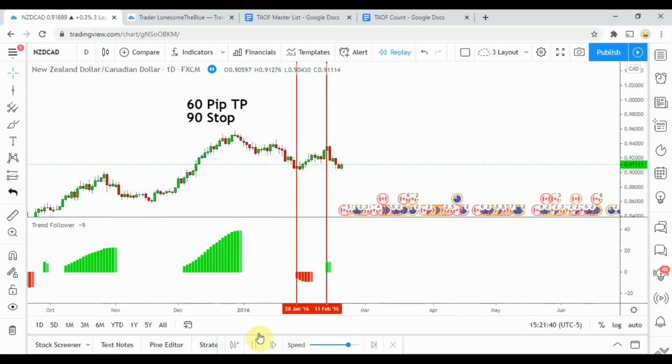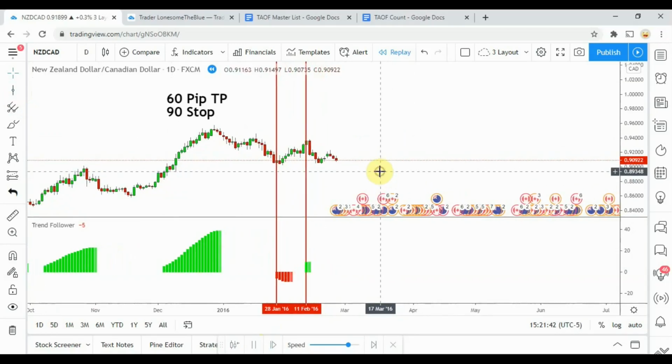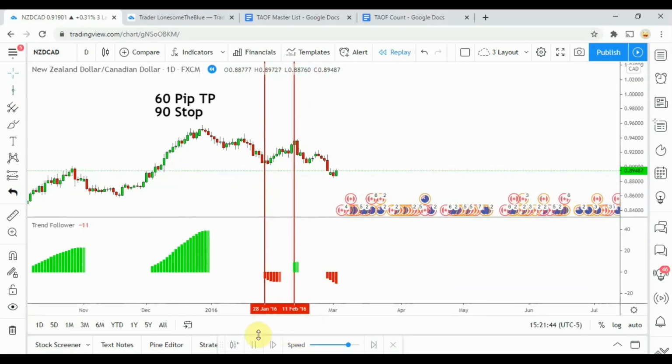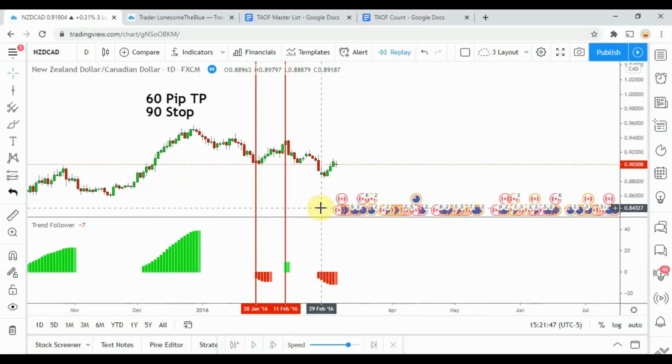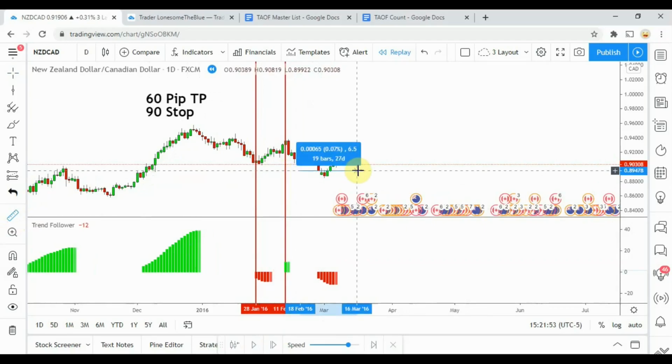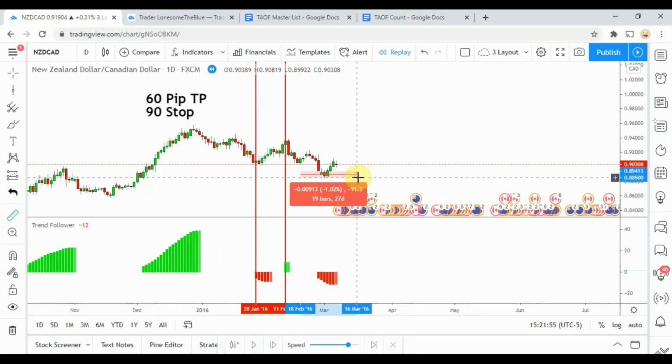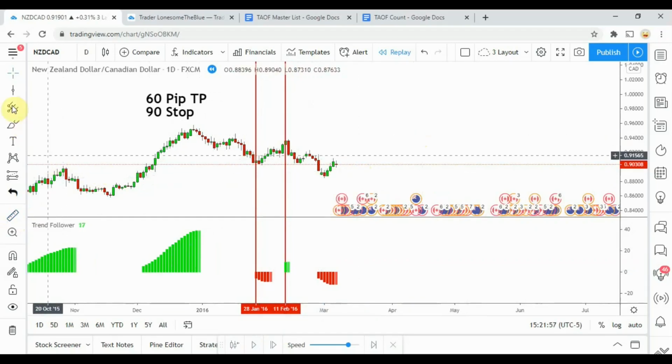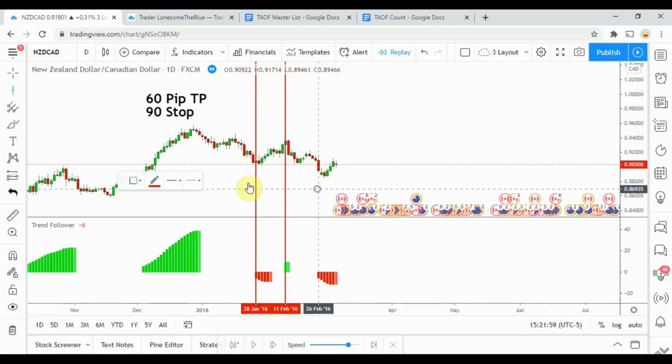And it appears that that one also is a losing trade. Stops us out. Pick up a short over here on this side. That one barely gets us to take profit.